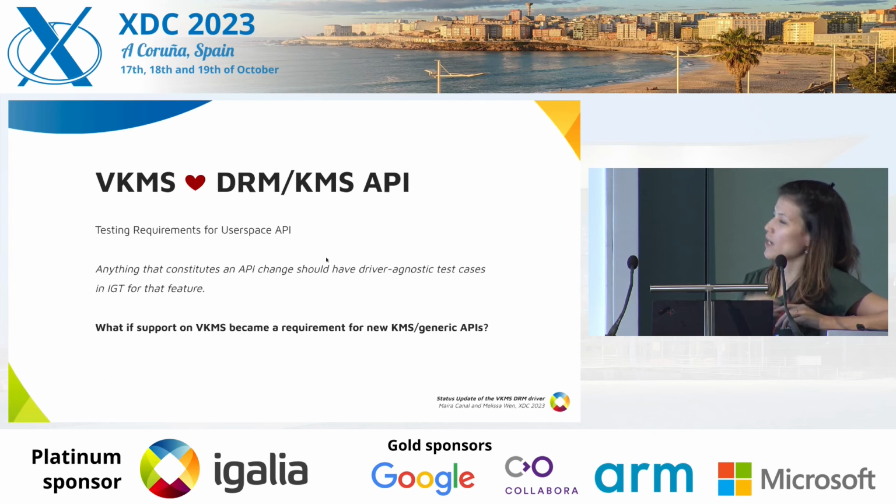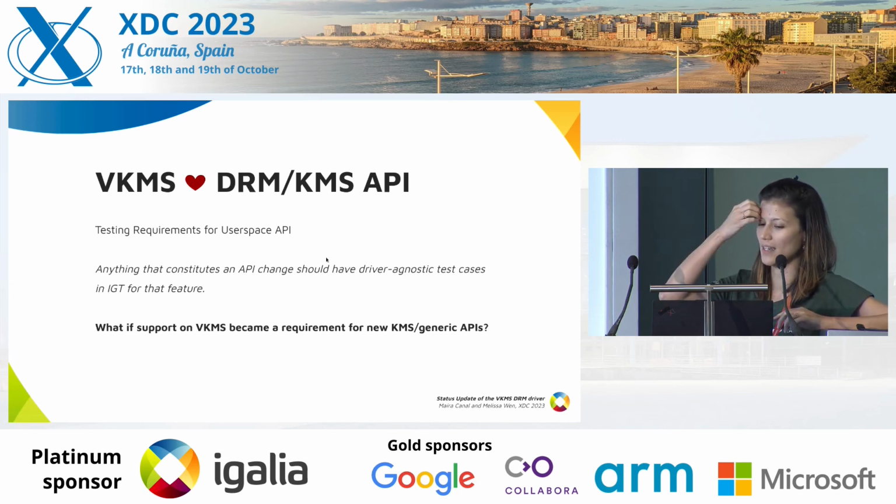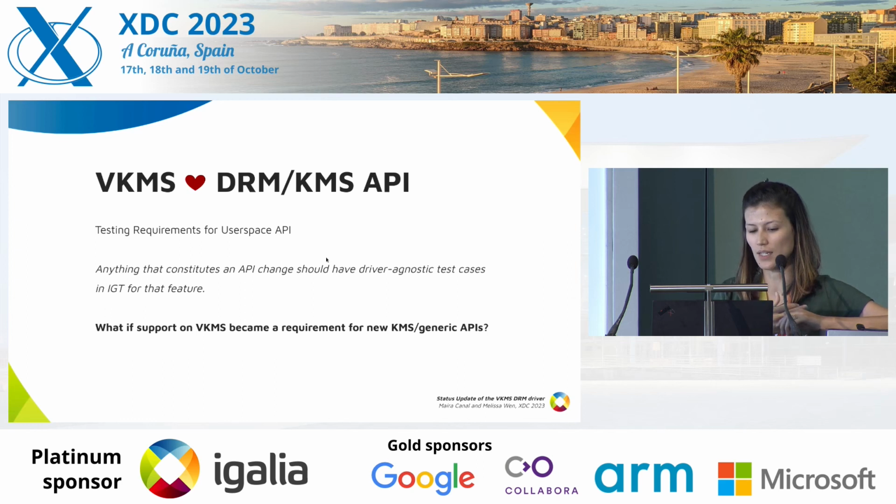Another thing that we have been discussing in the community is to require VKMS support for new generic APIs in the DRM KMS framework. But yesterday we discussed it, and right now it isn't a good idea, because we also have performance issues and sync issues to treat on VKMS.